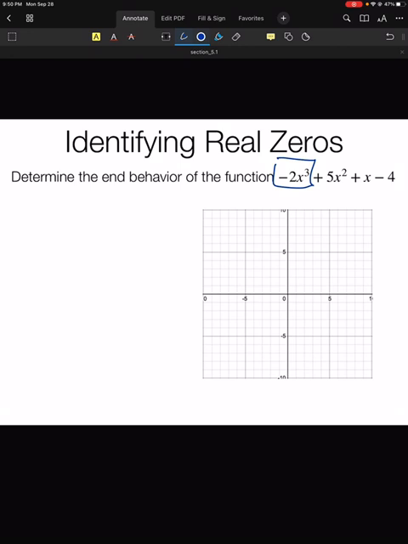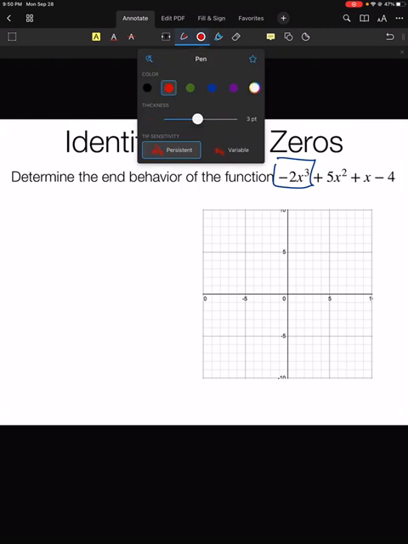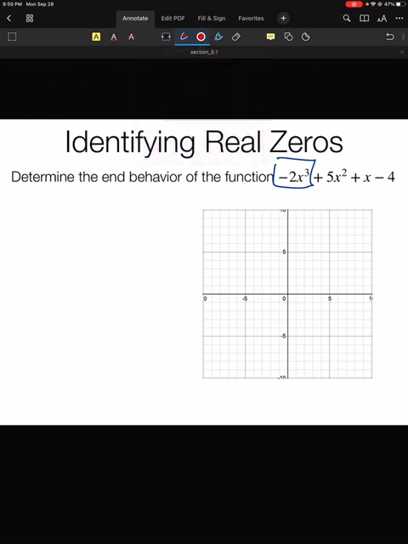If I drew 2x cubed, first I could draw just x cubed in red. So I'll draw x cubed in red. 1 cubed is 1, 2 cubed is 8 here, and then it runs off that way. Negative 1 cubed is negative 1, negative 2 cubed is negative 8 here, and so on and so forth.